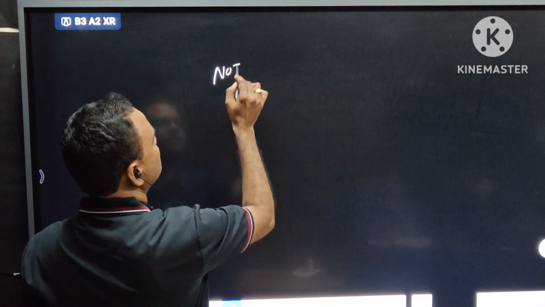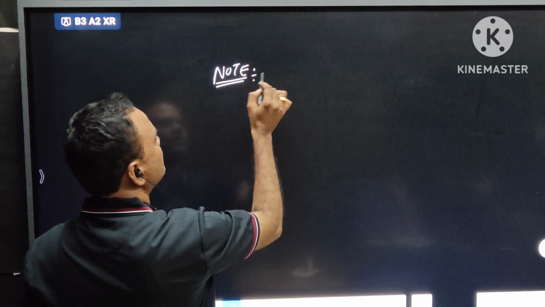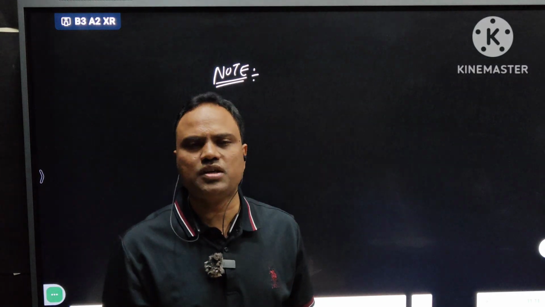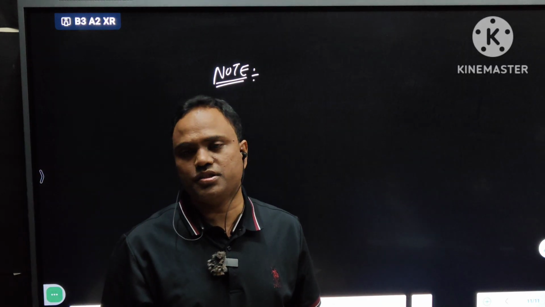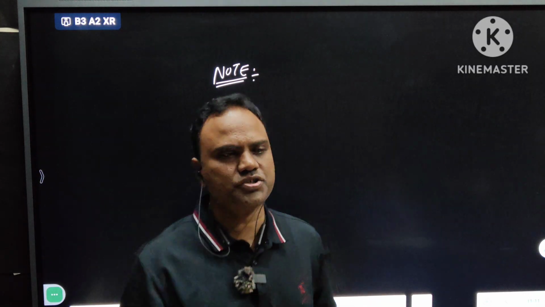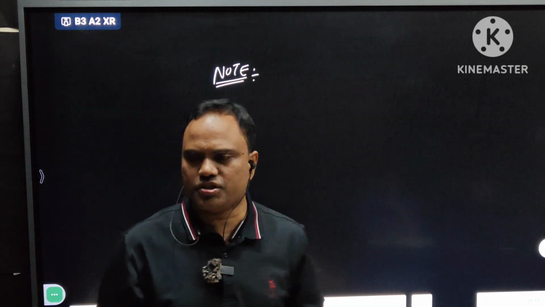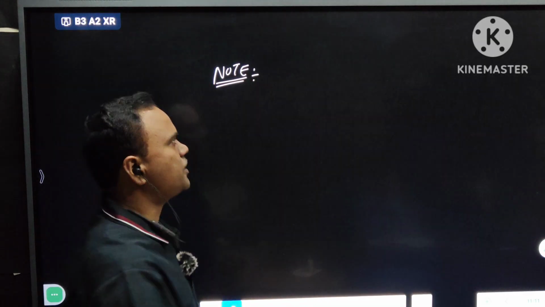Next one, important note. Among all the elements in the periodic table, which group of elements has high ionization energy values? Inert gas elements have high ionization energy values, right? Let us write that point.